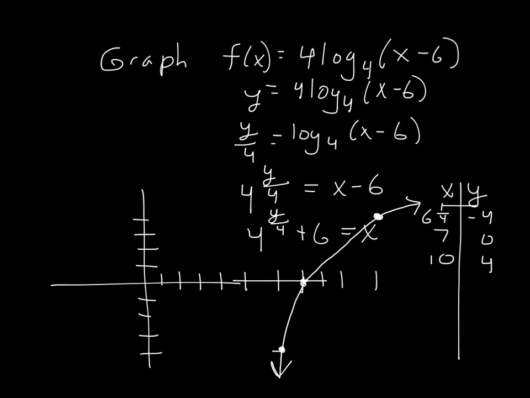And so there's an asymptote in there, right here. There's a dotted line that's showing that this graph is going to get closer and closer to 6.